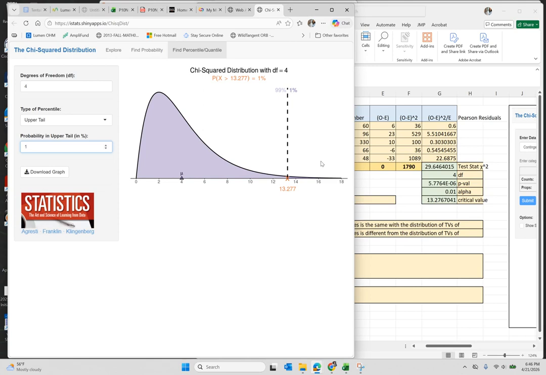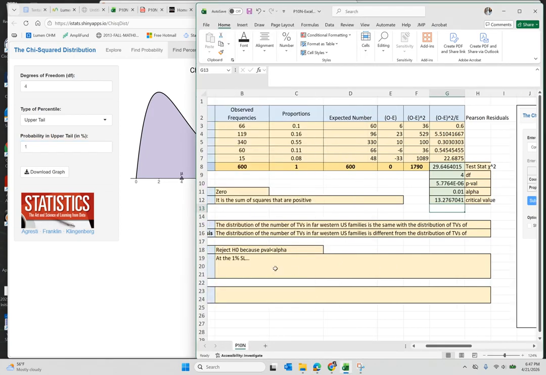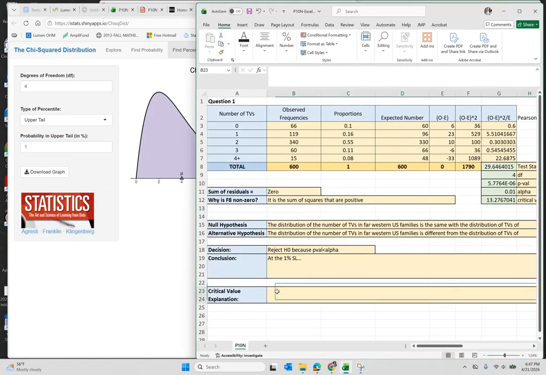And the chi-square test statistic that we found was 29.65. And that was greater than 13.277 and therefore in the critical region. So therefore, since the test statistic is in the critical region, we have sufficient evidence to support the alternative hypothesis, and we will reject the null hypothesis.